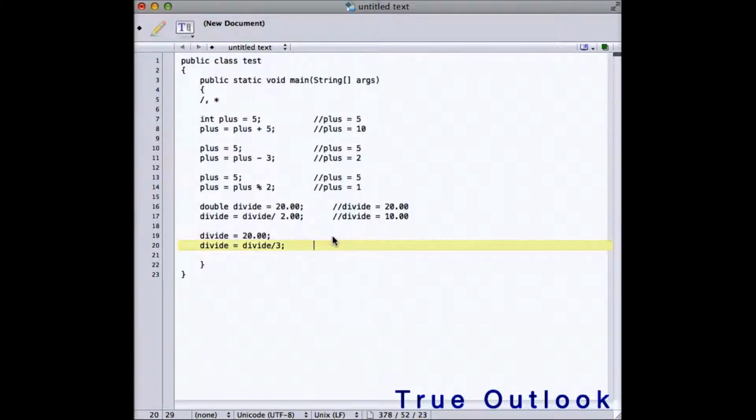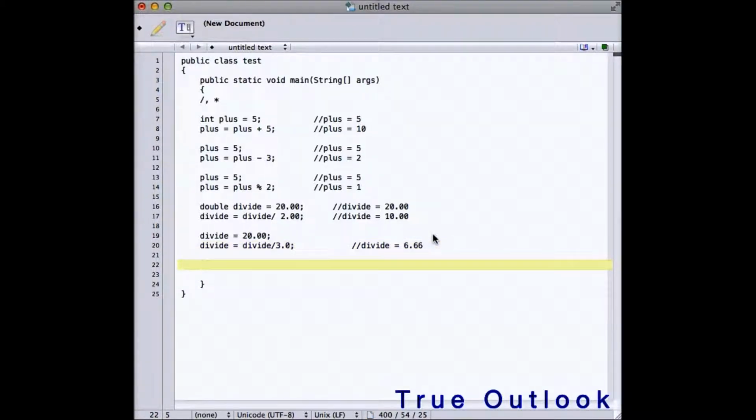Here, divide would be equal to, give me a bit, 6.66, right there, 6.66. See the decimal number? See here, we had a decimal because we were using a double divided by 3. You don't need the point on the end, but it's good practice to have it.